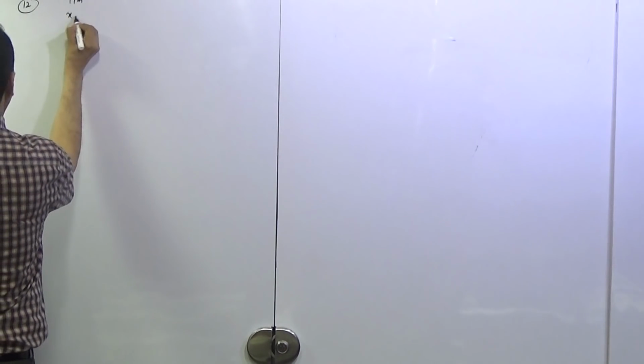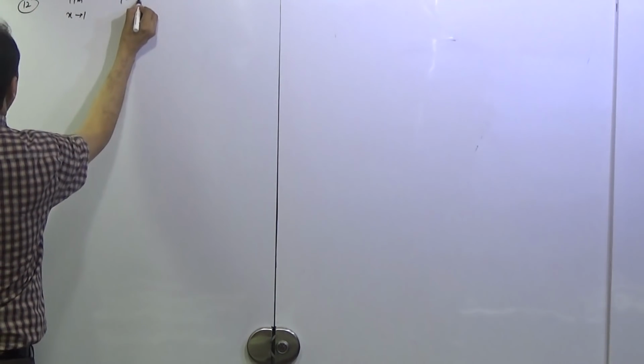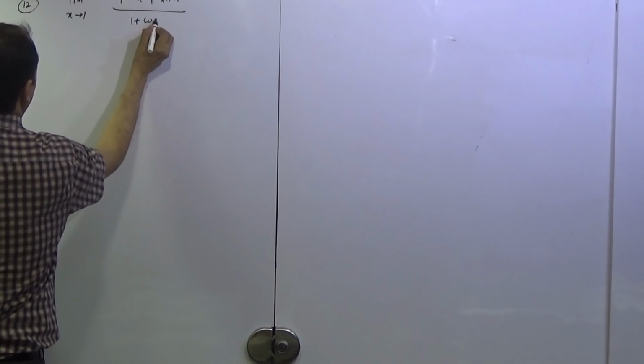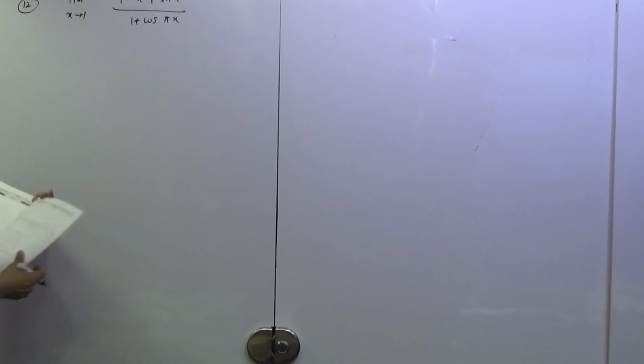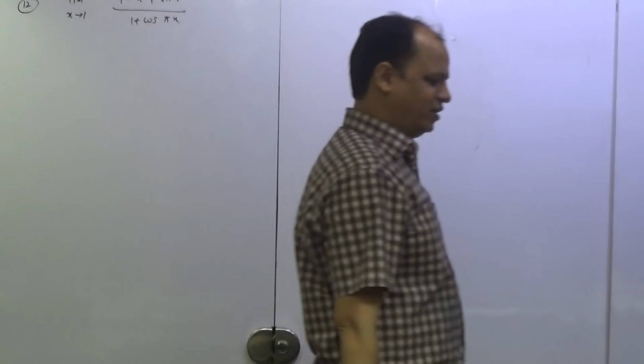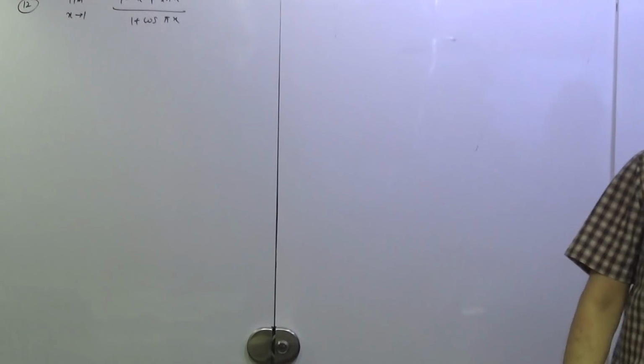Over here in this question, I will write the question first and then we'll discuss. Limit x tending to 1, 1 minus x plus ln x divided by 1 plus cos pi x. Are you not tempted to write x equal to 1 plus h here? Just think about it. What if I write x equal to 1 plus h?